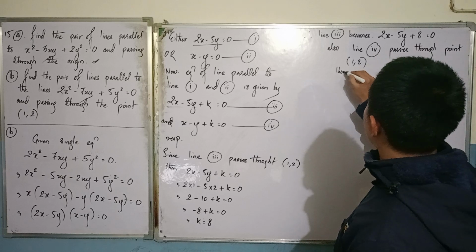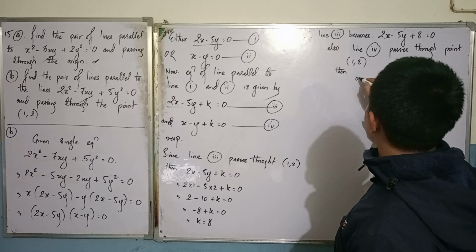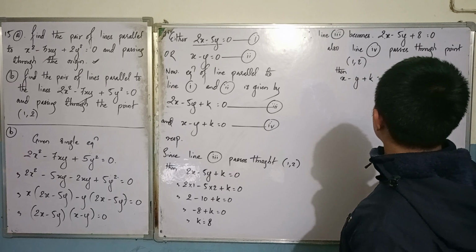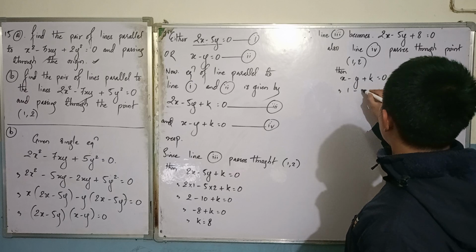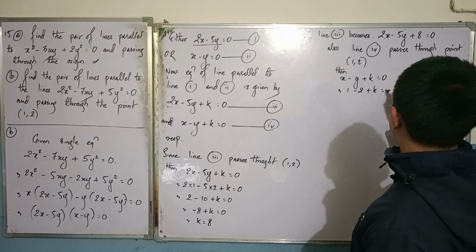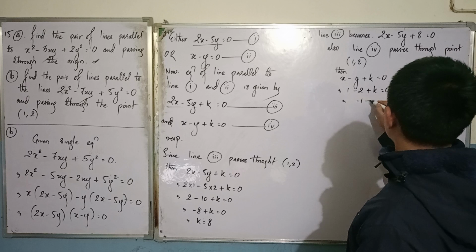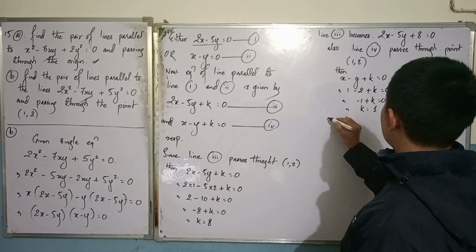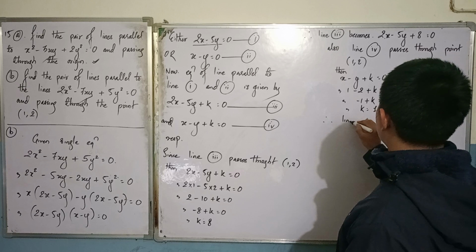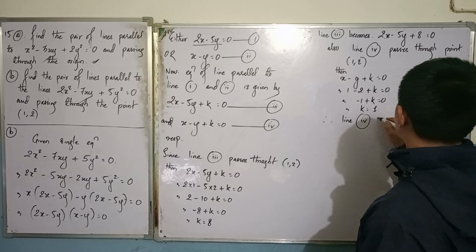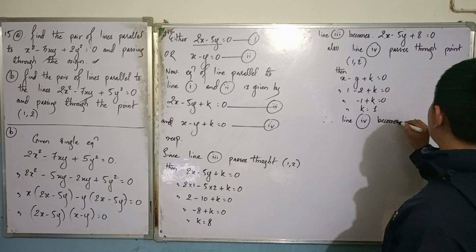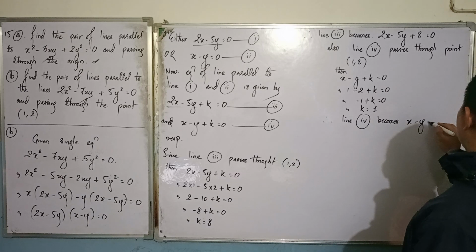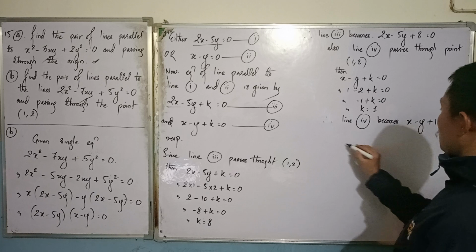Then just replace the values in x minus y plus k equals 0, or 1 minus 2 plus k equals 0, or minus 1 plus k equals 0, or k equals 1. Therefore, line IV becomes x minus y plus 1 equals 0.